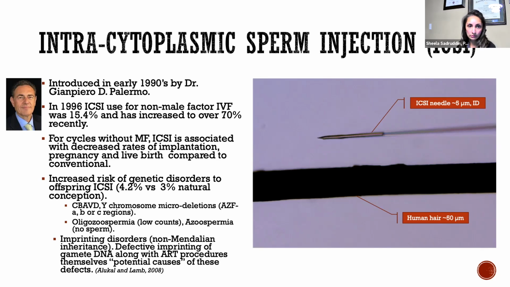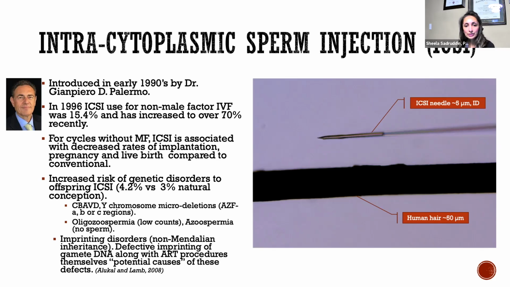So imprinting disorders, the non-Mendelian inheritance type of disorders, are also something of concern. Defective imprinting of gamete DNA, along with ART procedures themselves, are said to be potential causes of these defects. Of course, literature in this area is not as ample as in some of those other areas. So this is a very hot topic, and we certainly would like to learn more about it.